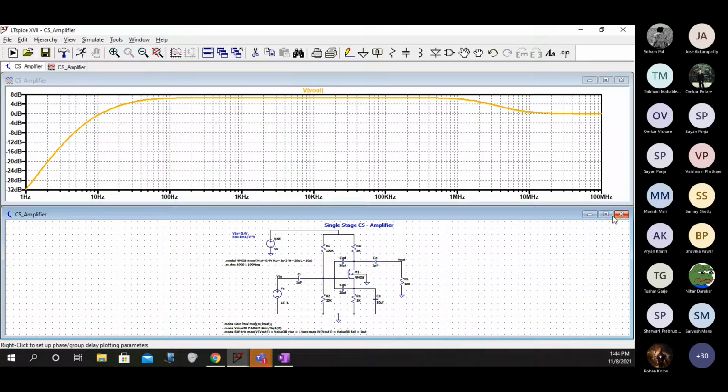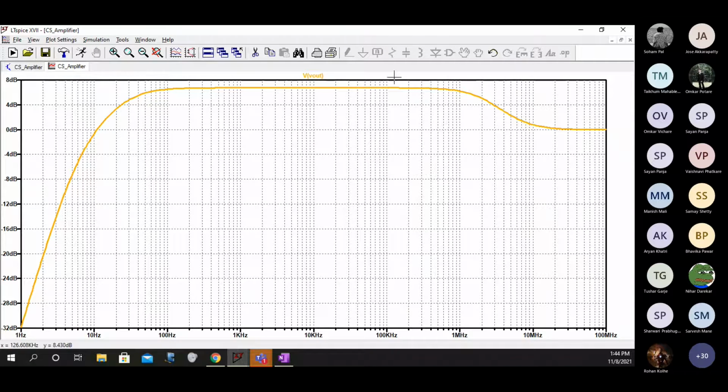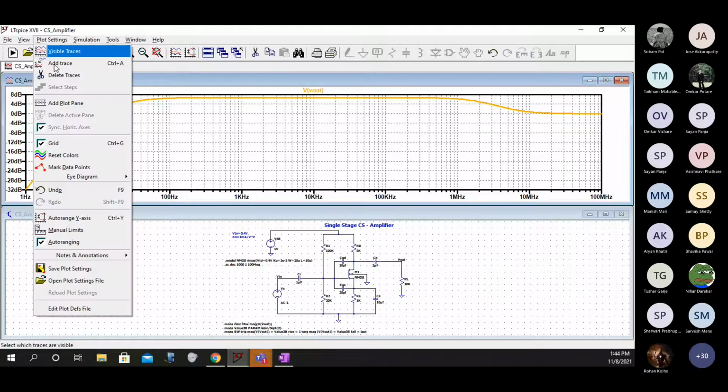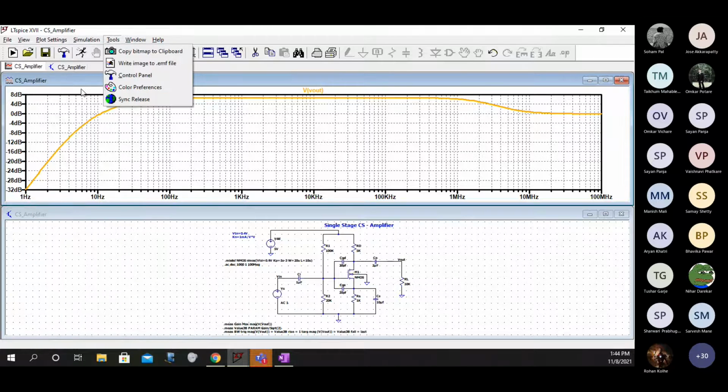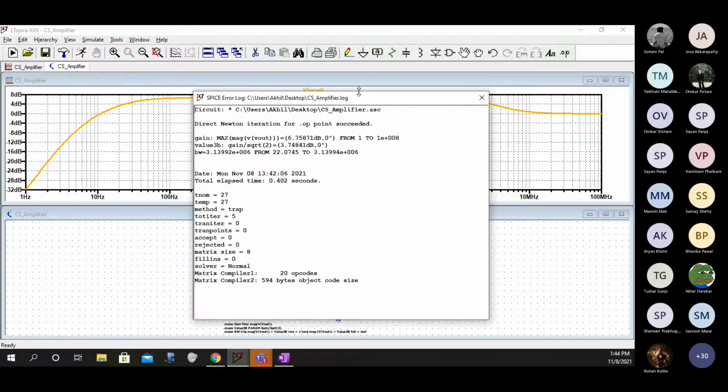So I want you all to first show me this circuit with these commands, and then simulate this and show me the graph as well as the SPICE error log. So I want to see this.